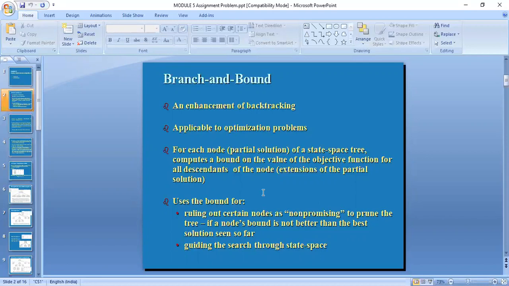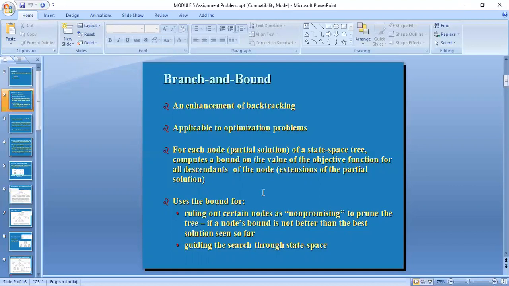Now, this bounded value, when applied in the state space tree, lets us rule out certain nodes, considering them non-promising nodes, by comparing the values. Since there is a bounded value, we need to compare.